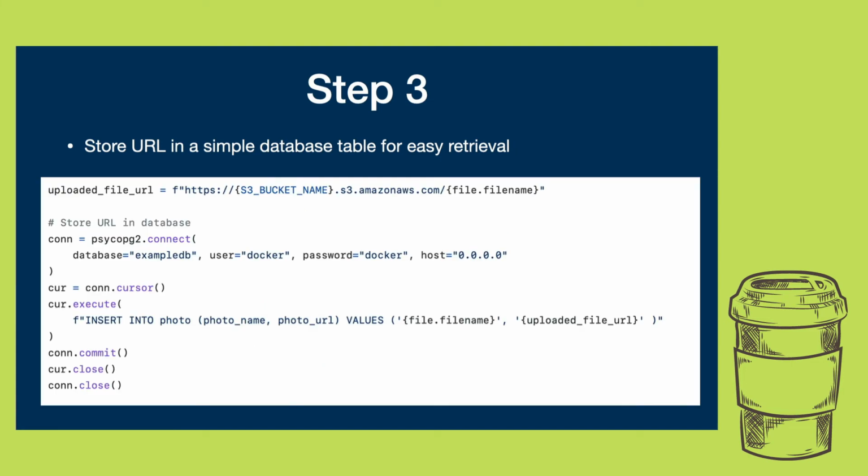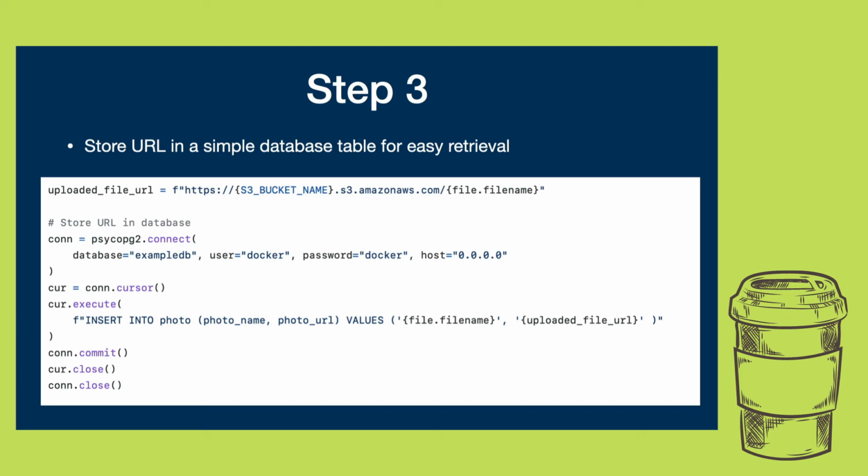So we're still in step 3. This is how it's going to look. You have the uploaded file URL at the top. This is the URL you're constructing after uploading the image into S3. And in our case, we're using a Postgres database. So we're essentially connecting to the database, getting a cursor, and then doing a simple insert statement, giving it the file name and the photo URL.